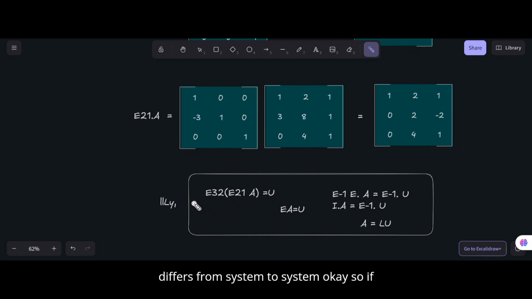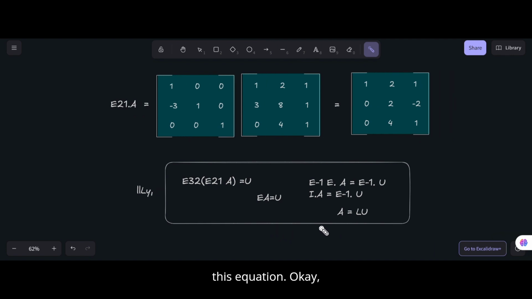If I denote all of the elementary matrices with E, I would get this equation. Although we are going to study inverses of matrices later, for the time being let's multiply both these equations with E inverse.